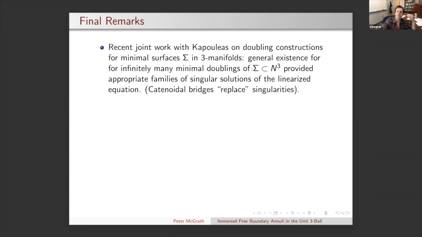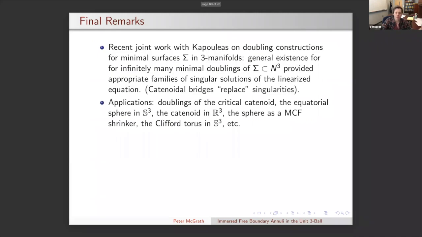One does this by considering singular solutions of the appropriate linearized equation, and then replacing the singularities with small catenoidal bridges, and far from the singularities, replacing the surface itself with a bigraph over the surface of the singular solution. So like we did here.